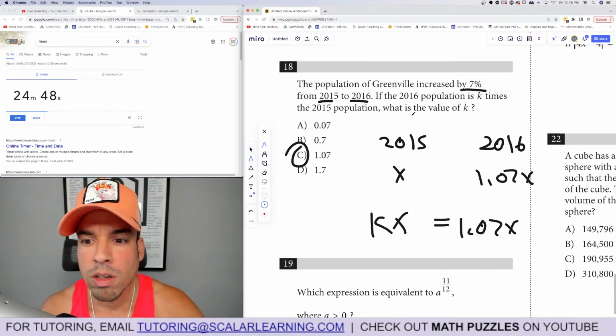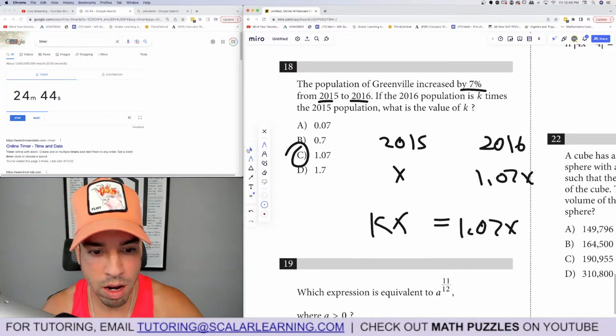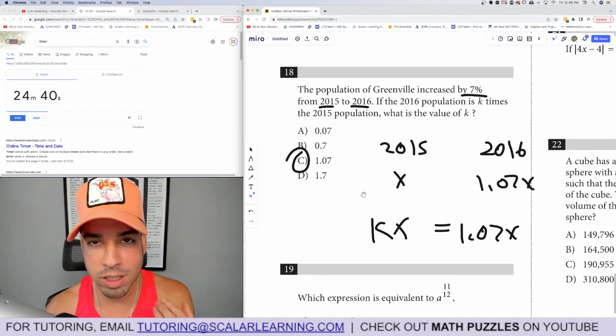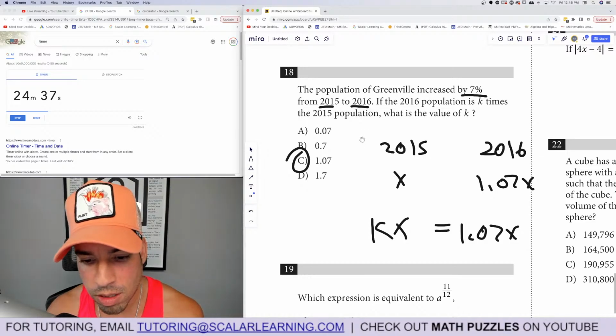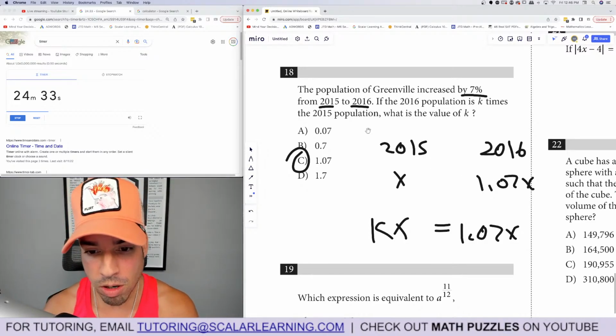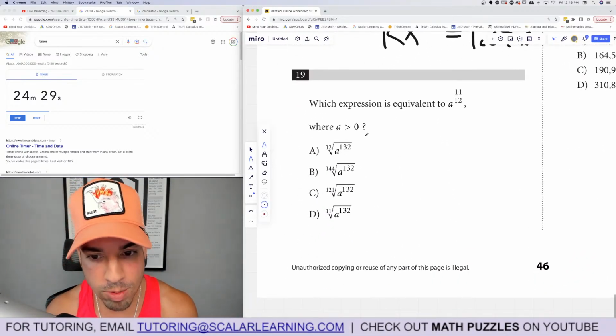That's all it is. So if the 2000 population is K times, yeah, it's literally what I wrote out. We're already good. You see, a lot of this stuff, that's what I'm trying to ingrain in your minds, is to do this stuff by instinct. Because why am I writing this? It's for me to get a better understanding of these word problems. And it just so happens, no coincidence, right, that it gives me the answer.